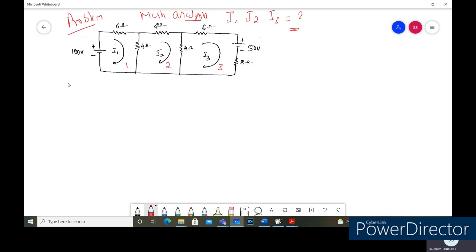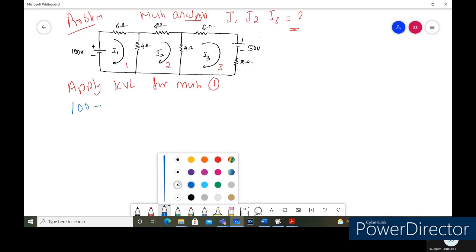So what we'll do is, we'll apply the KVL for the mesh 1. So we'll start from the voltage source with the assumption that the current entering negative, leaving positive, it's a rise in the voltage. So it's a 100 minus the drop across this one is, so it's a 6 ohm resistance is there.